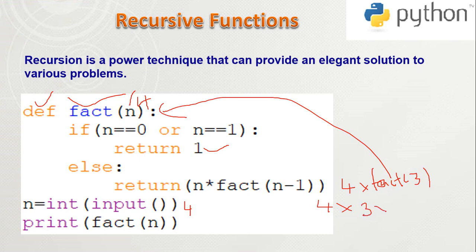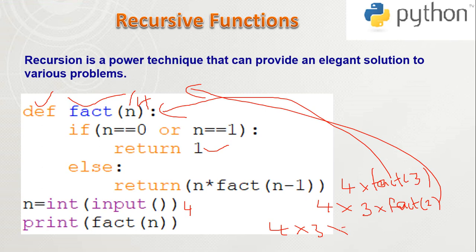Again it is calling the function, then 4 into 3 into fact of 2 is called here. Again it is calling the function, 4 into 3 into 2, then fact of 2 minus 1.